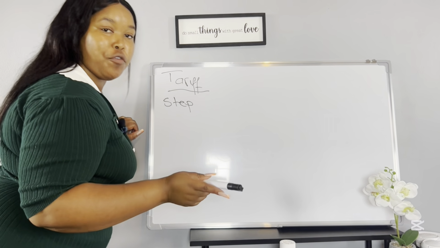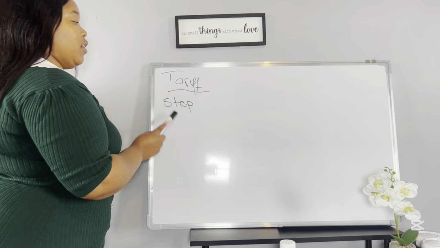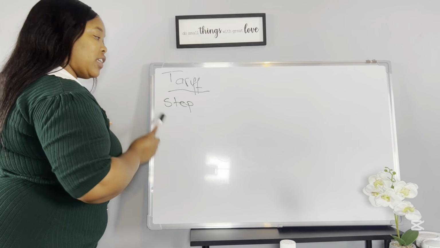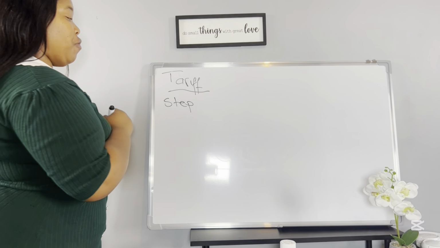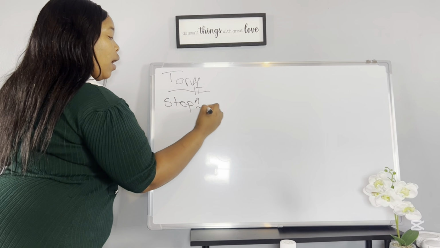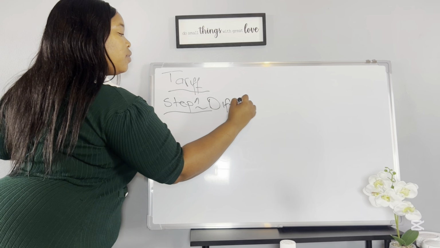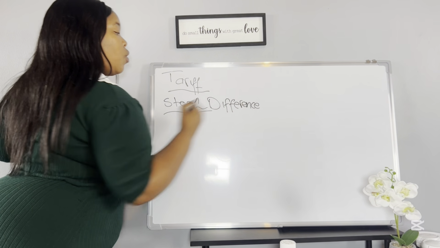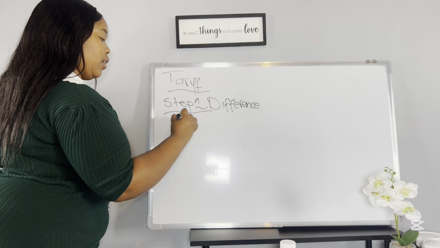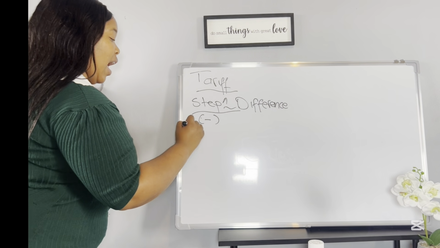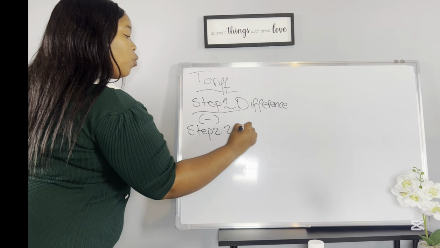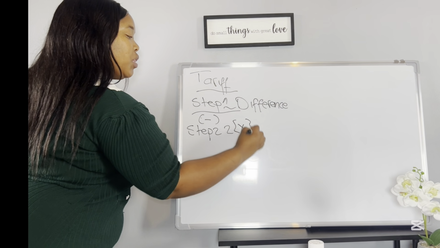So before we move on to complex questions, let's do a recap of the steps of a tariff. Remember, we said that step 1 is finding the difference, whereby we use which sign? Subtraction. And then step 2, we multiply with the prices.